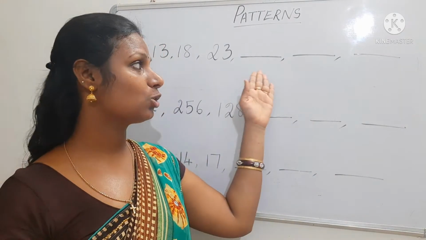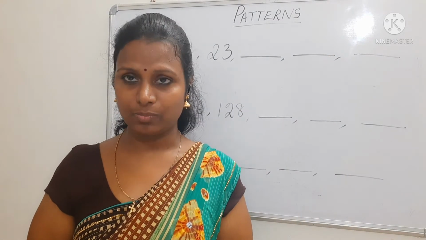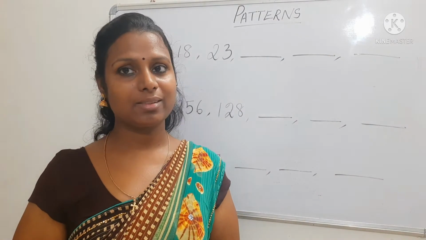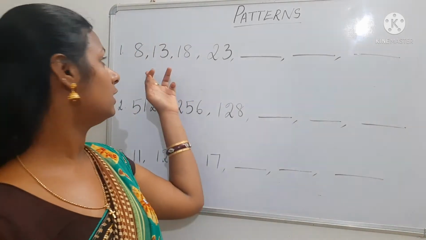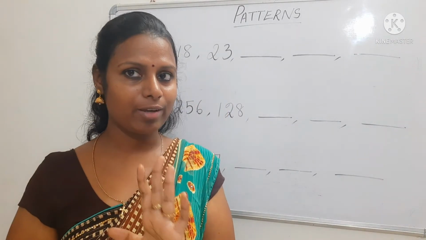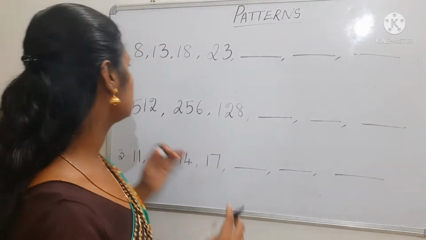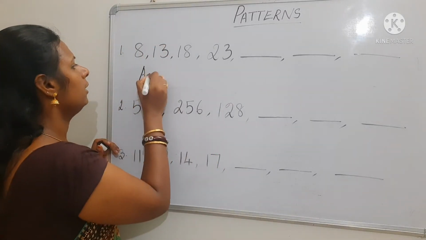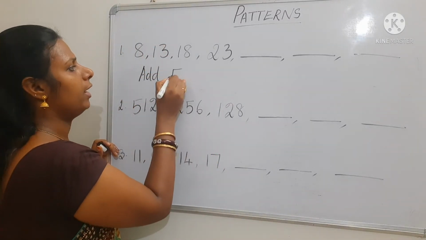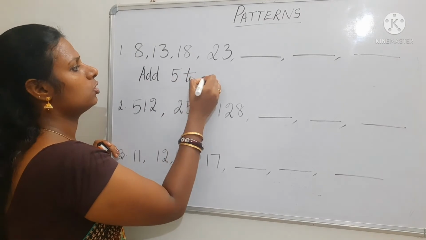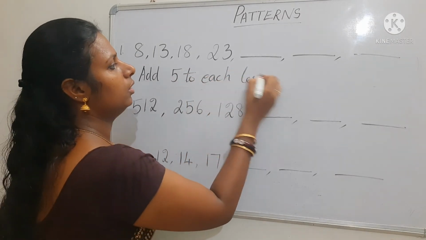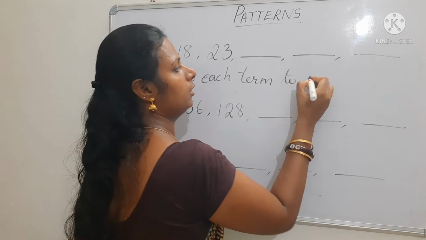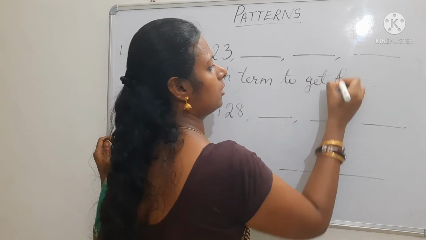They are asking us to write the next 3 terms. So first, let us write the rule, because here we understood they have added 5. So the rule is: add 5 to each term to get the next term.